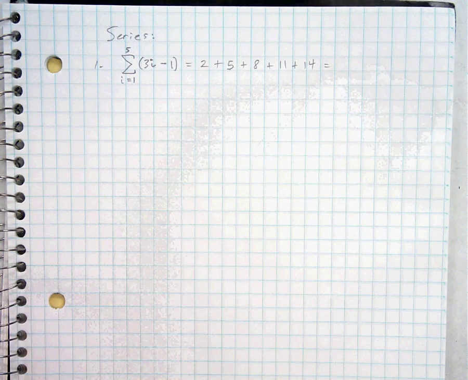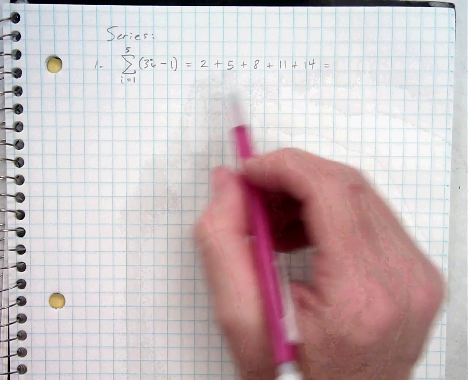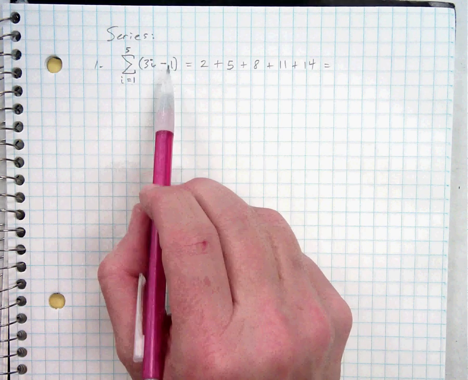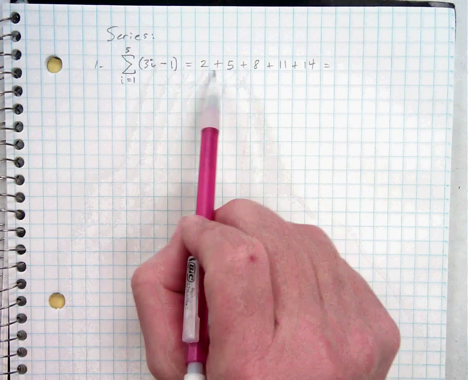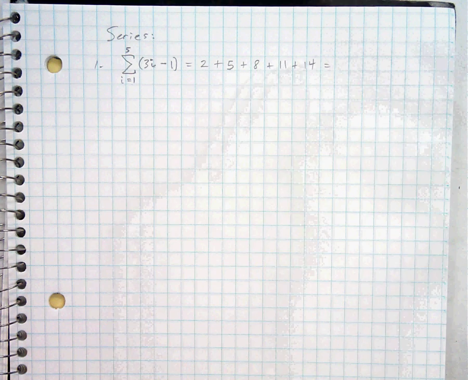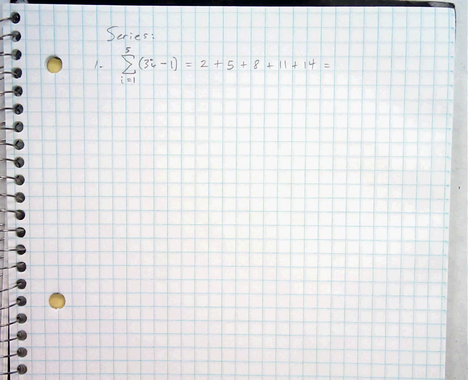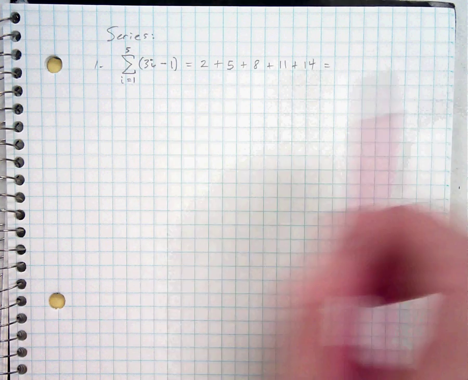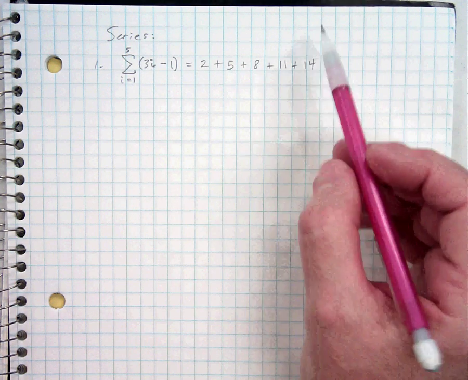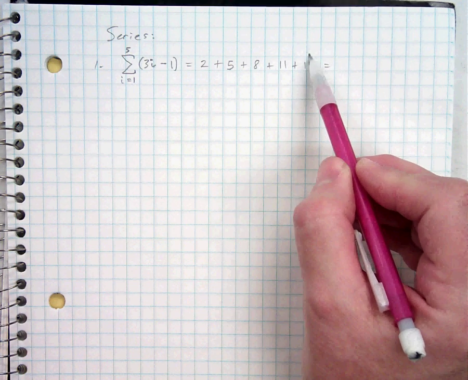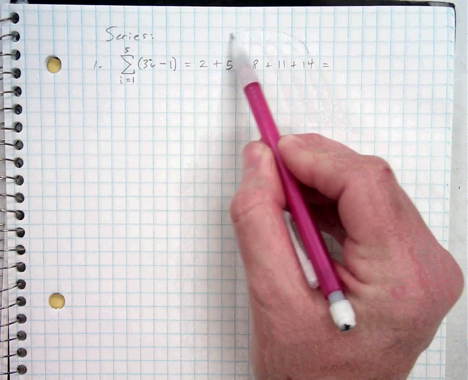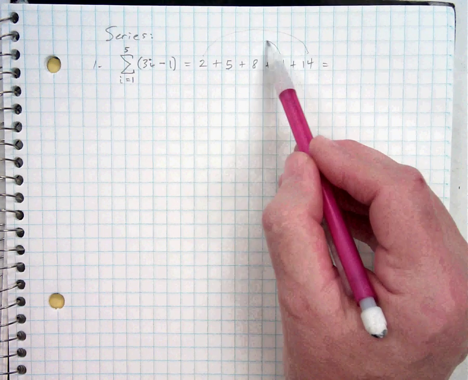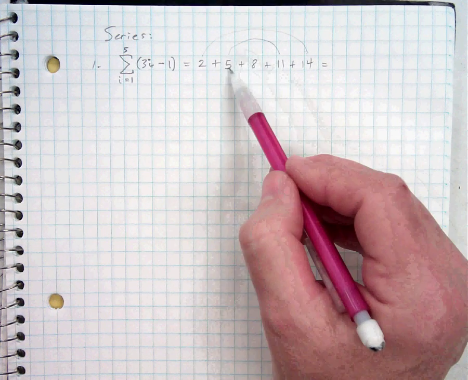All right, so what do they add up to? This sequence, what kind of sequence is it? These numbers 2, 5, 8, 11, 14, what do we call this type of sequence? It's arithmetic, right? Because we're adding the same thing every time. Whenever you have an arithmetic sequence, there is a shortcut. What you can do is you can take the first number and the last number, and if you notice that, it's a 16. And then these two numbers right here, well, they also add to 16.